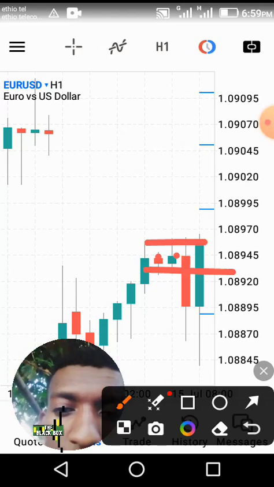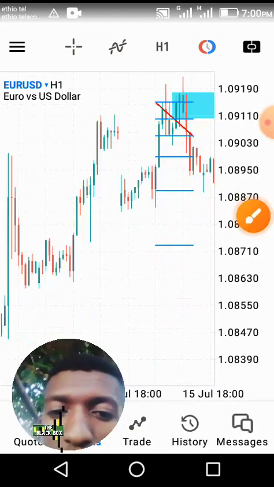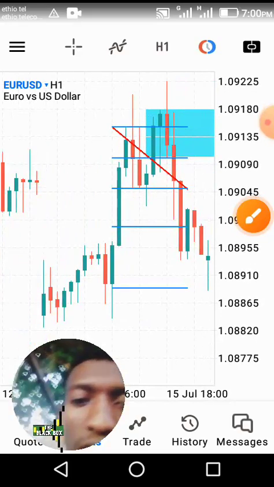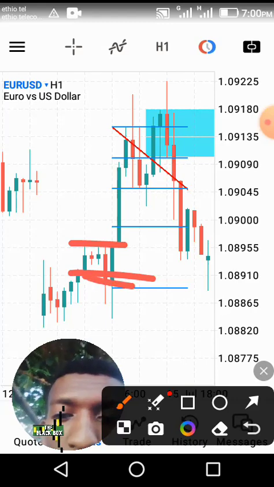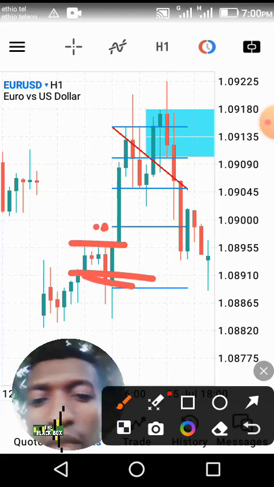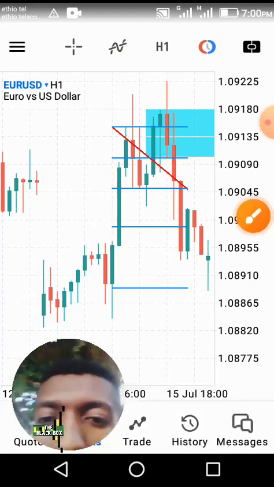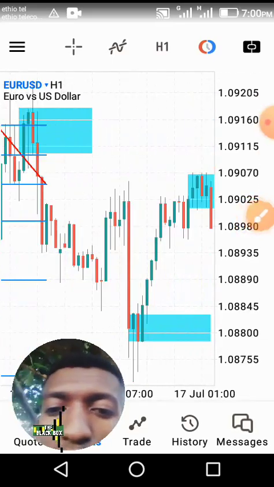So now the black box extended up to this one. Now the black box is which one? This holding is the black box right there. So right there is a buy. That is a two candles black box.